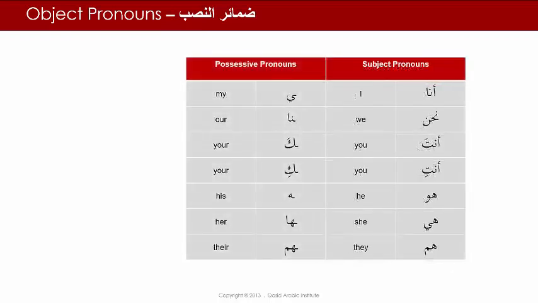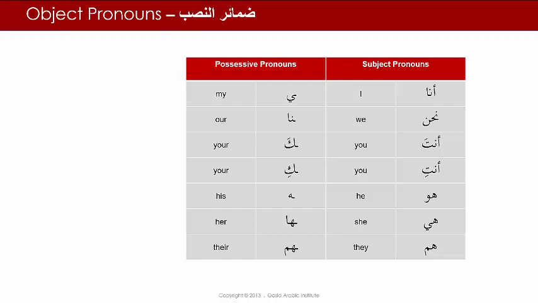We also have possessive pronouns, which you've studied as well. So these are i, na, ka, ki, hu or he, ha, and hum or him. Now, these are attached to nouns. So, for example, you've had kitabi, my book, or kitabuna, our book, or kitabuka, your book, etc. So these are going to attach to the ends of nouns.